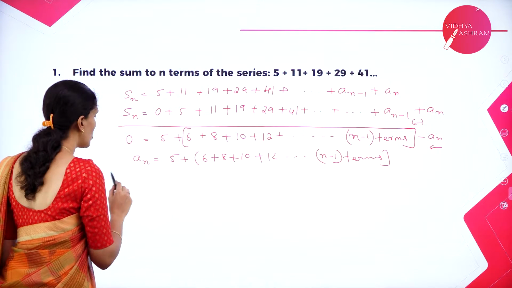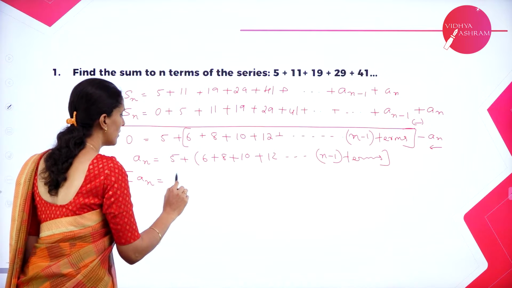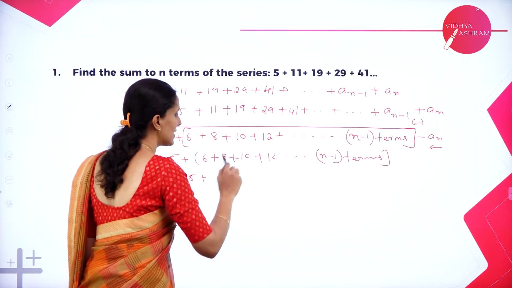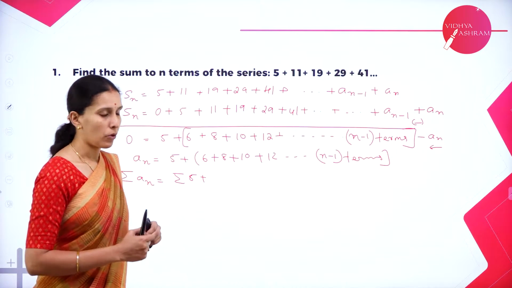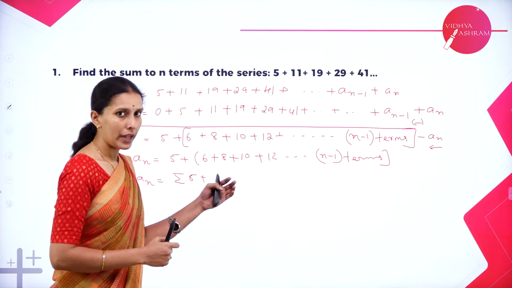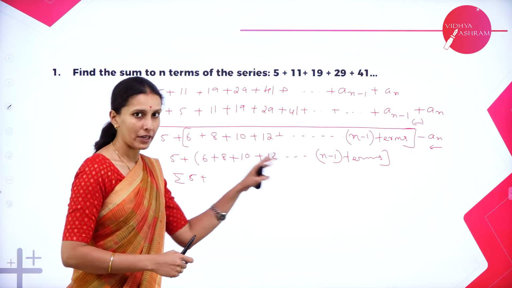Let us take summation an now. Summation an is nothing but summation 5 plus summation of these series. So, if you have the series in the arithmetic progression form, we write it as n by 2, 2 into a plus n minus 1 into d. But here in the place of n, we have n minus 1.